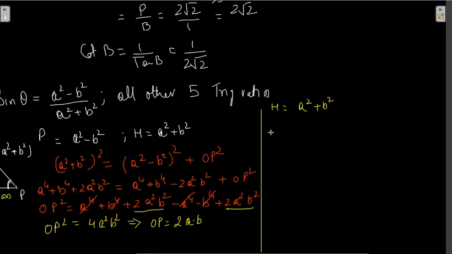Base is what we have just found, right? Base is equal to twice of A into B. And what is our perpendicular? Again, that was the value which was given to us: A square minus B square. So we'll straight away write all the values of all the ratios here.